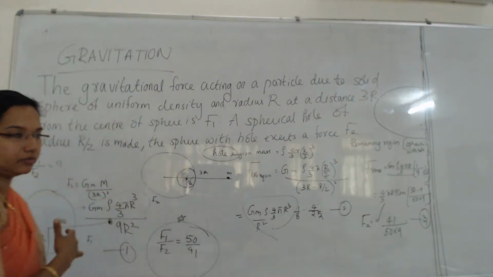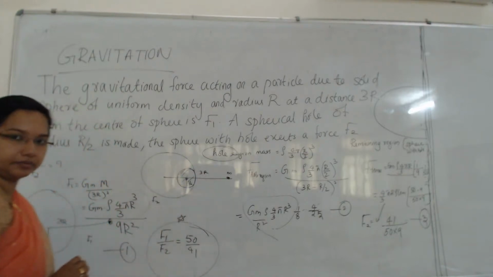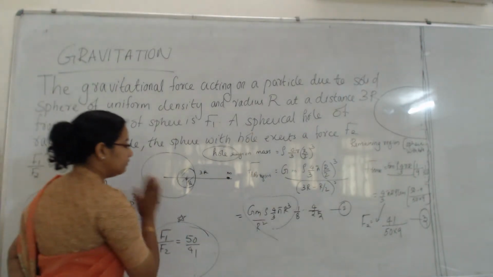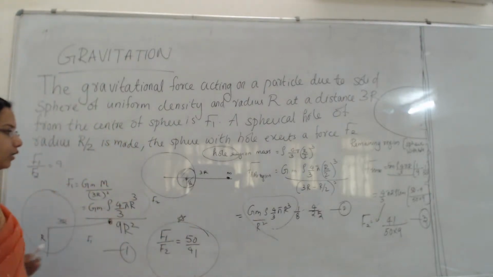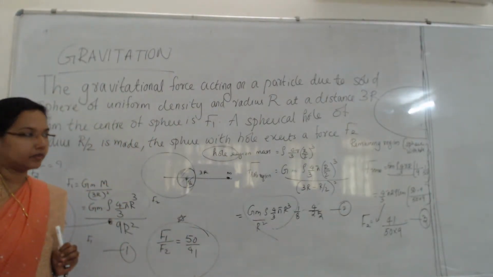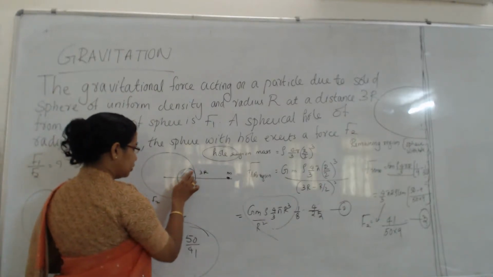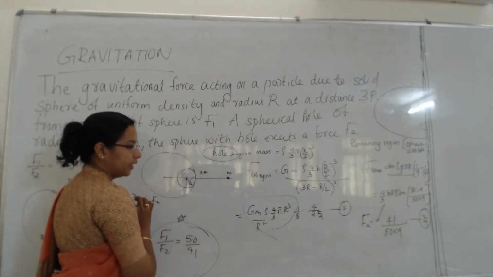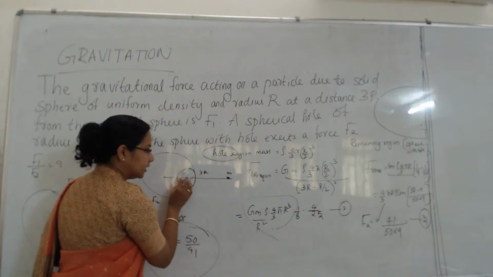The distance between this mass and this mass is 3R minus R by 2 the whole square. That is only for the hole region, I am taking only the hole region separately. Then we should find the mass of this region.